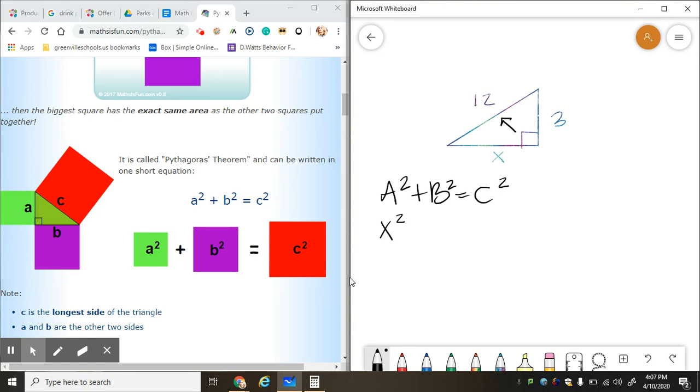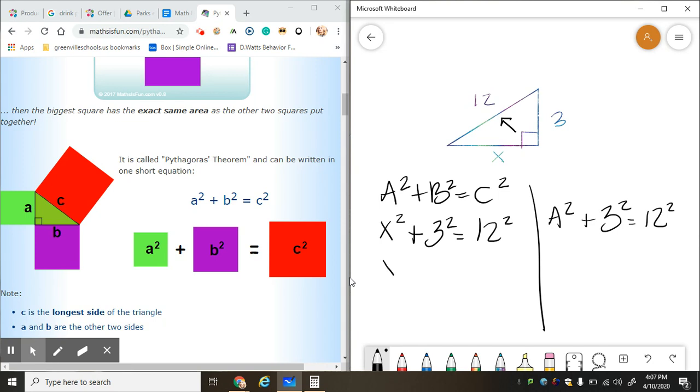I'm going to make that into an X. You can keep it A if you prefer, so I'll write it both ways. I'll write X squared over there, and A squared over here, plus B, which is 3 squared, equals 12 squared.